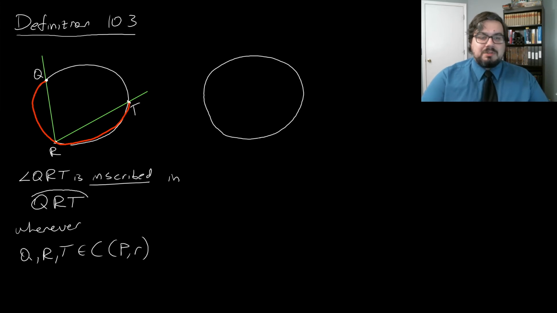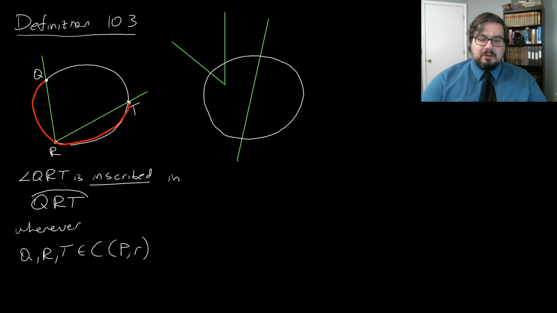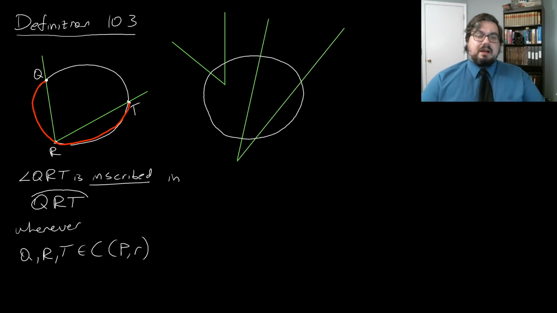Now we may also have angles that intersect the circle in different ways. So, for instance, we could have an angle like this, where the vertex is not at the center, or anywhere on the circle. And I also want to look at angles that go like this.